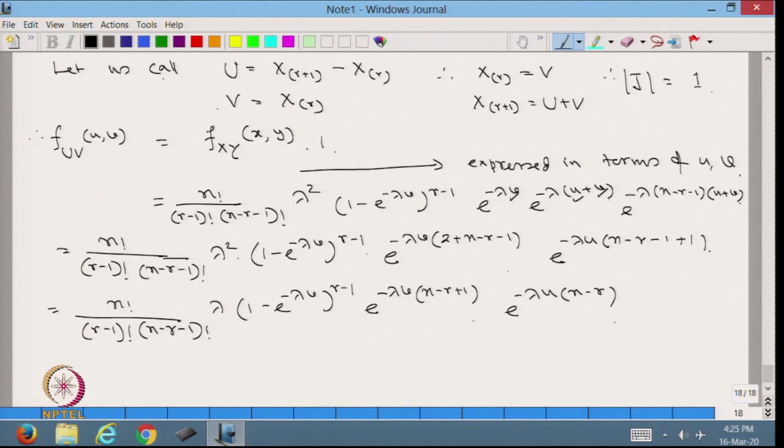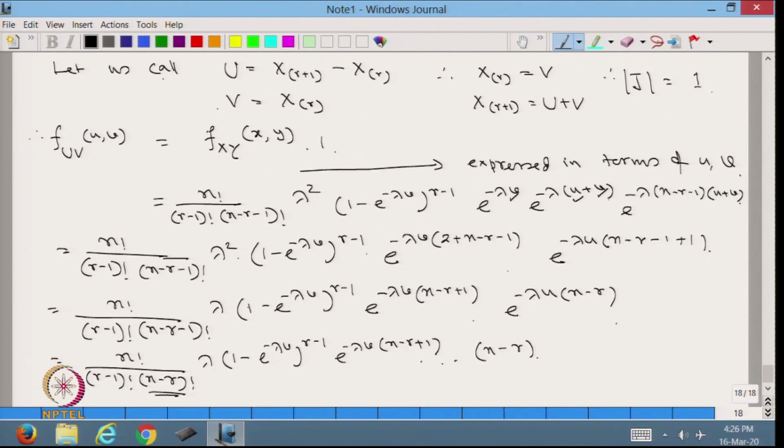That is equal to n factorial upon (r minus 1) factorial (n minus r) factorial, lambda, (1 minus e to the power minus lambda v) to the power r minus 1, e to the power minus lambda v to the power n minus r plus 1, into, since we have multiplied by n minus r in the denominator, we take out that n minus r.